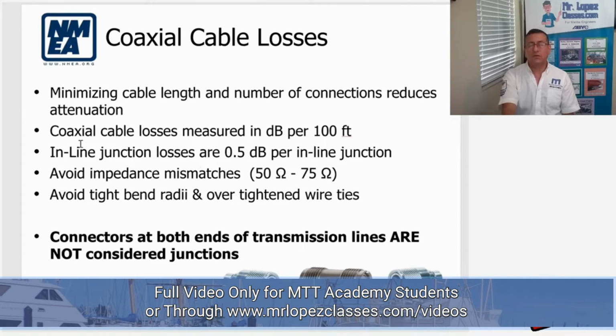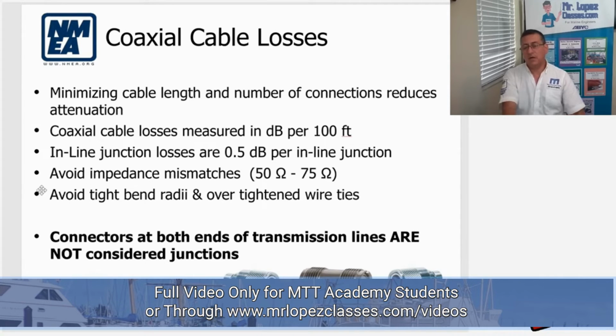The loss of cables and connectors is 1 decibel per each 100 meters. The measure is in decibels per 100 meters. In inline junctions, normally the loss is 0.5 decibels per each junction.